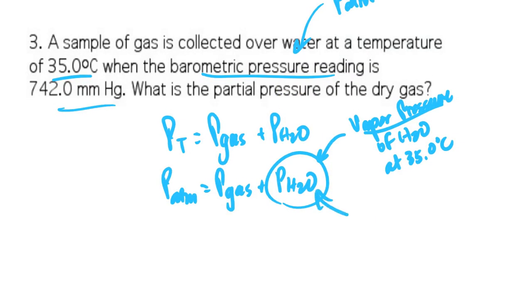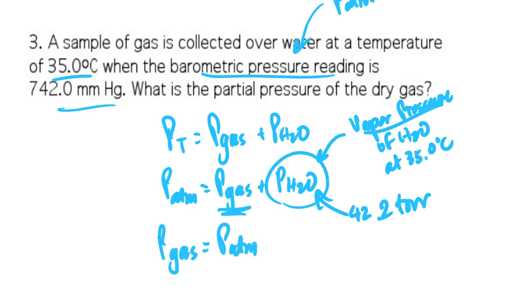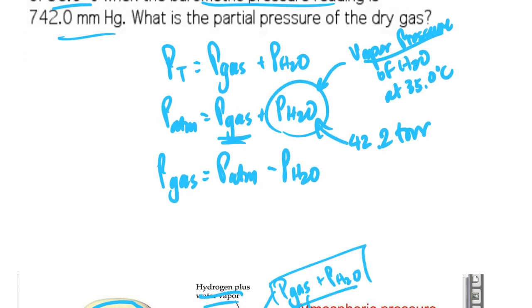So I'm going to go ahead and incorporate that in my calculation. This is 42.2 torr. I'm going to solve for the pressure of the gas. The pressure of the gas is then going to be the atmospheric pressure minus the pressure of the water vapor that I just found. Substituting in, that's 742 millimeters of mercury.